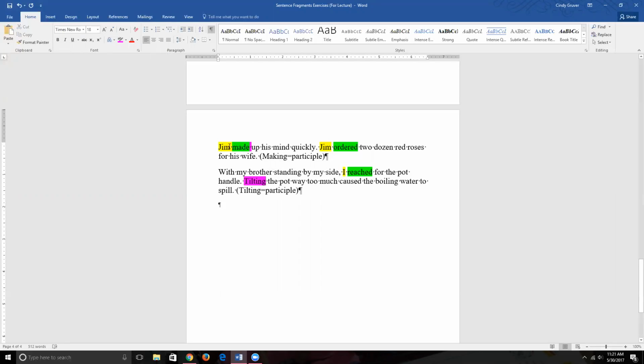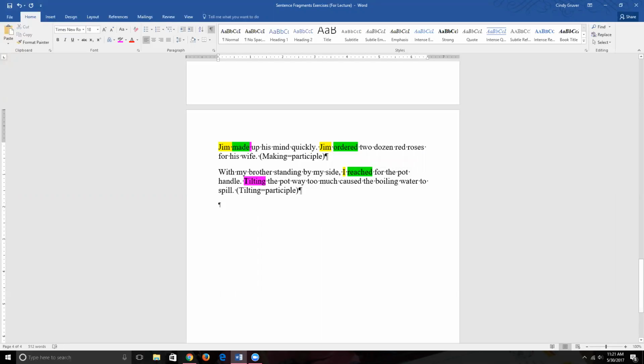Okay, it sounds like probably I'm the one who's doing the tilting, right, in this story. So if we're going to keep it as this participial phrase, we're going to have to put it next to I. But that gets to be hard because we already have this introductory clause.